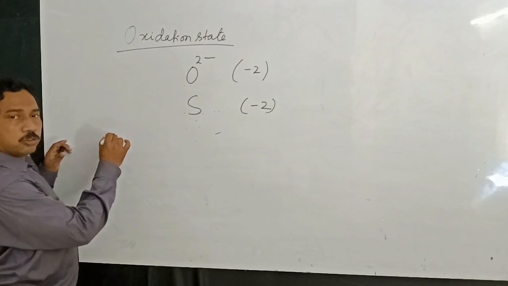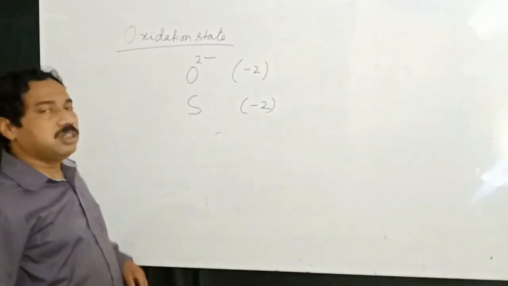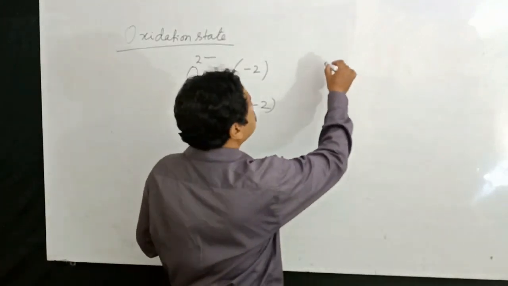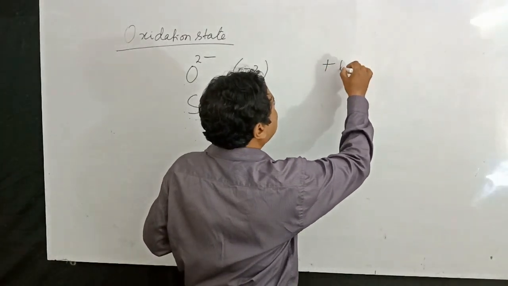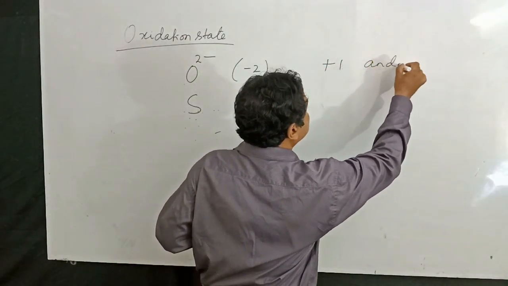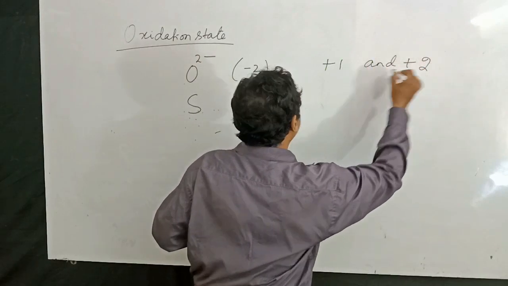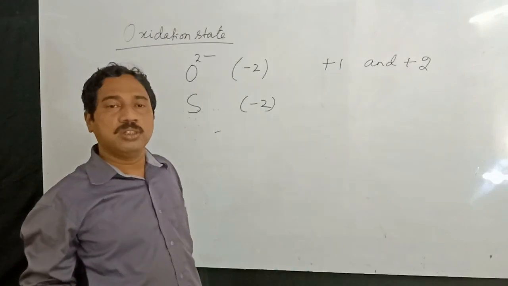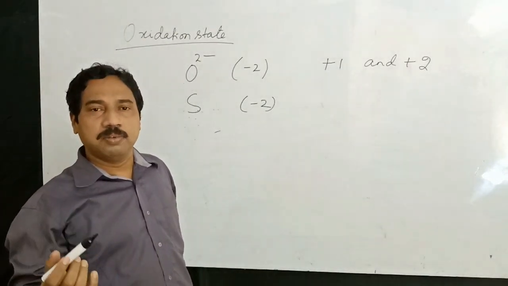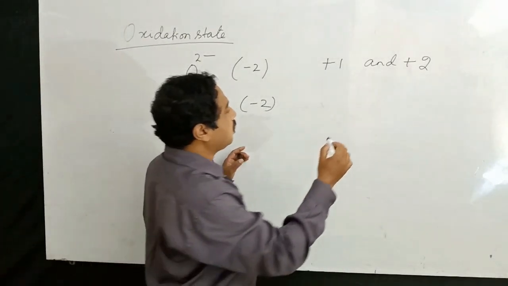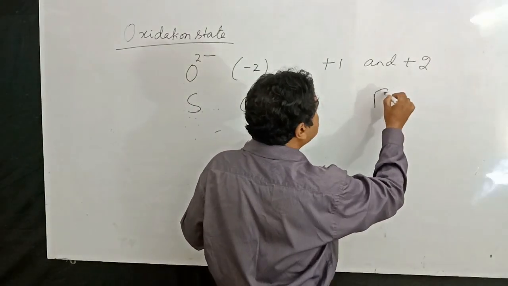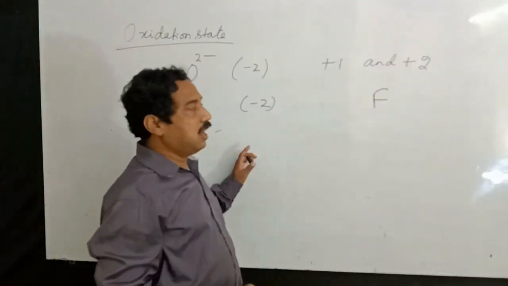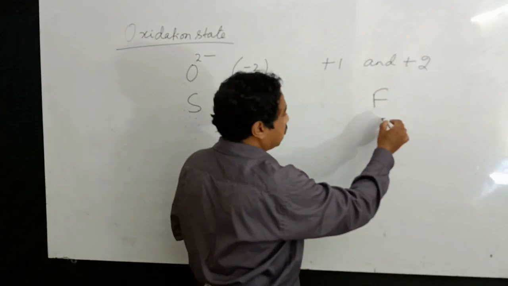Oxygen can also show positive oxidation states, +1 and +2. When oxygen is combined with a more electronegative element, in our periodic table fluorine is the most electronegative element, and next is oxygen.